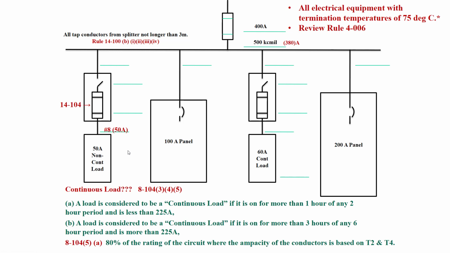Essentially what it says is that we size our overcurrent based on the ampacity of the conductor, where an overcurrent device doesn't directly correspond with the ampacity of our conductor. We can use table 13 in order to determine that. Go ahead and have a look at table 13. Anyways, if you do that, we're going to see that we have a 50 amp fuse available. And so we need a 50 amp fuse.